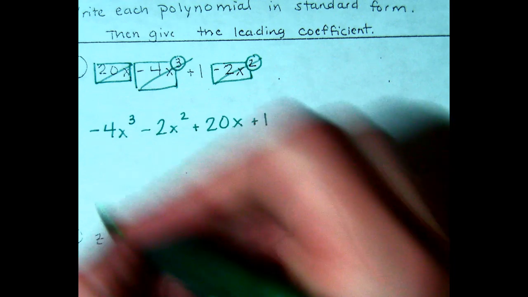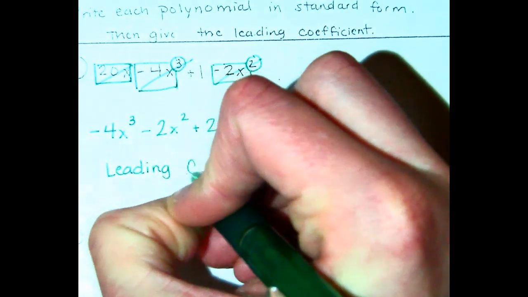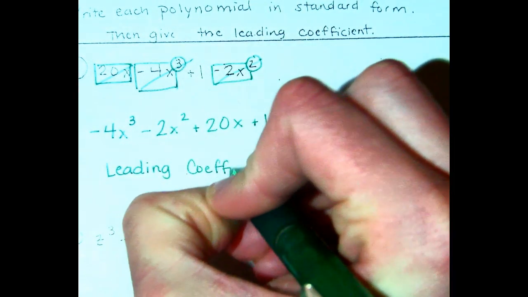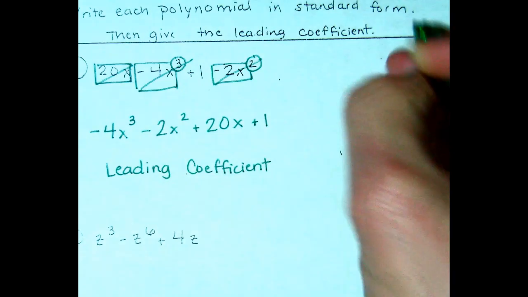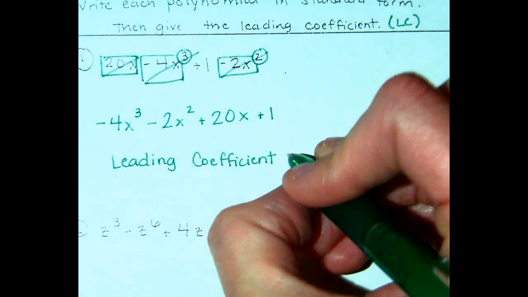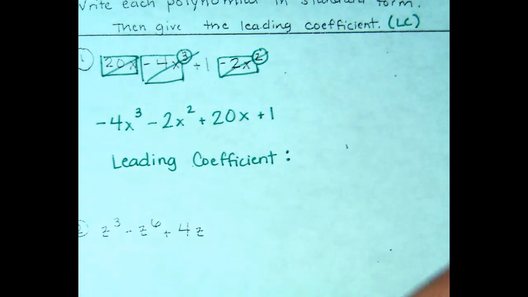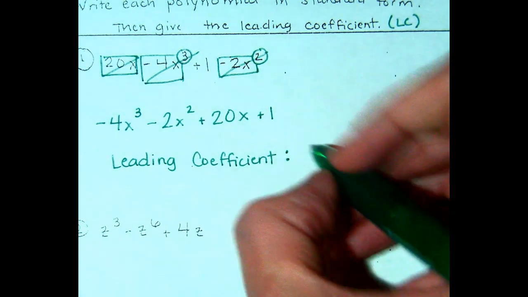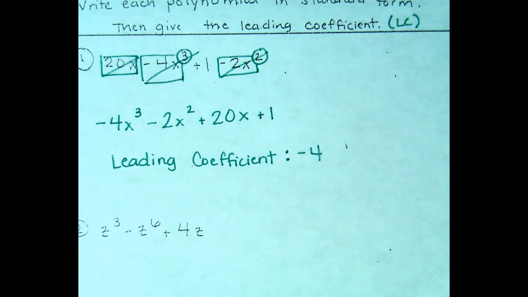Alright, last thing I need to do is write down the leading coefficient. We're now going to put LC, which stands for leading coefficient. What is the very first number now that's in standard form? That's my leading coefficient. I finished that problem.